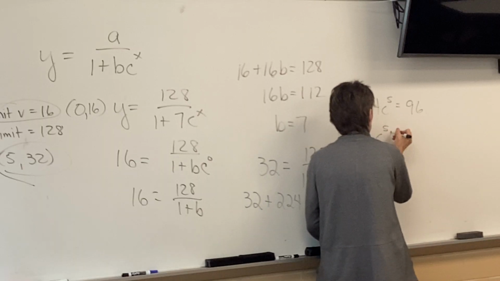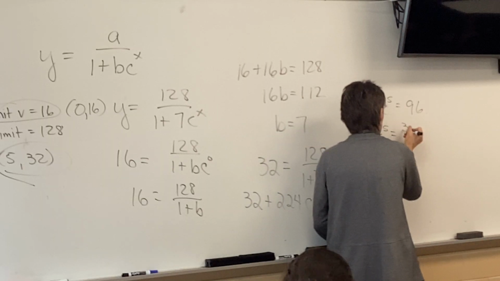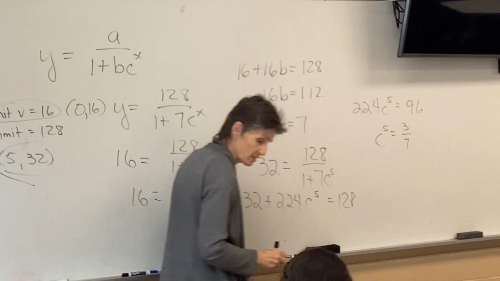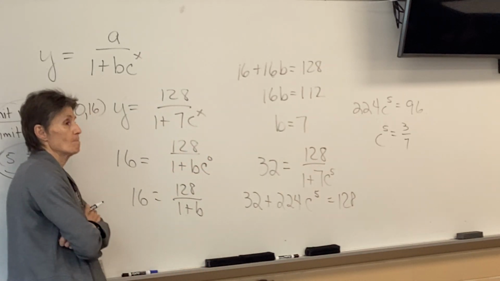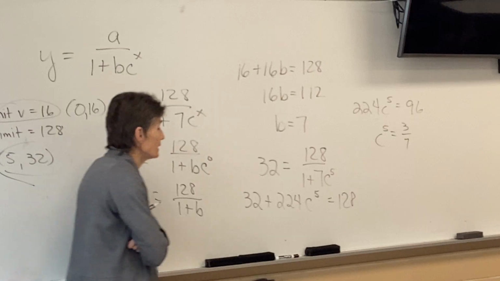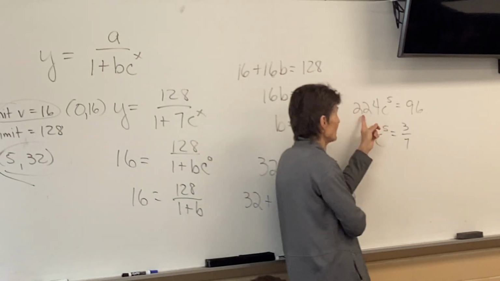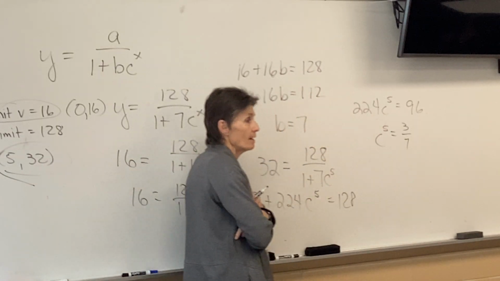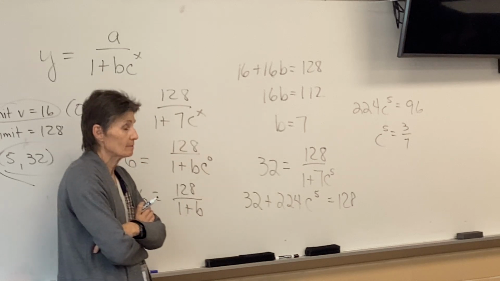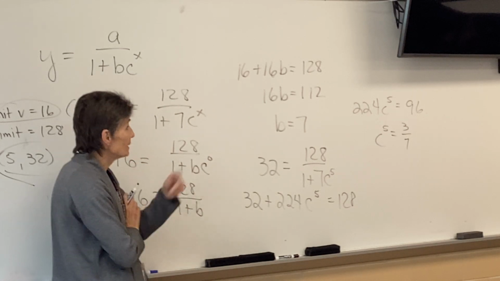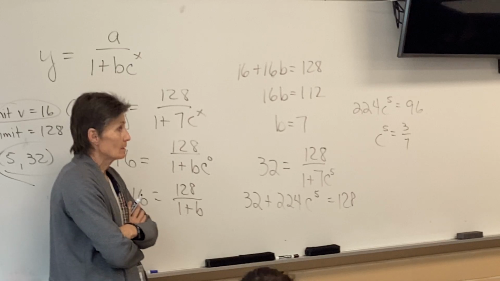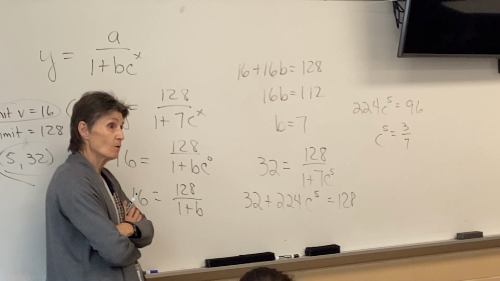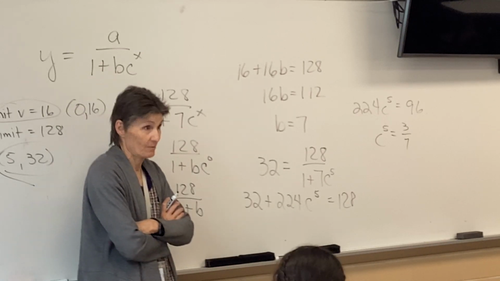And C to the 5th equals, I think, 3/7 when I reduce the fraction. On your calculator, if you do 96 divided by 224, and then hit the math menu fraction button, it'll change it into 3/7 for you. But be careful, that's C to the 5th.